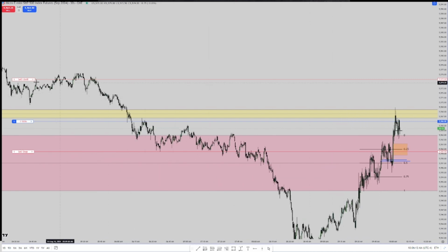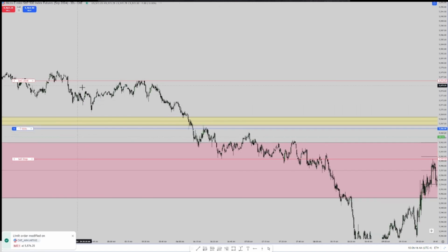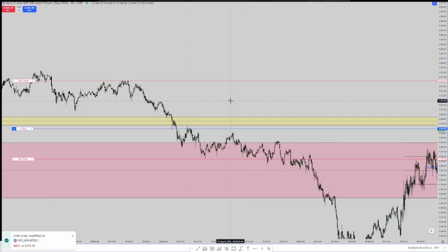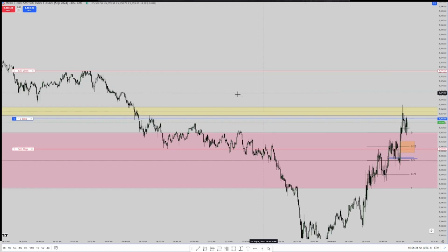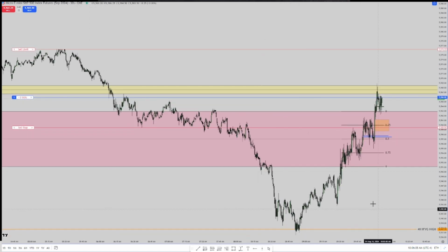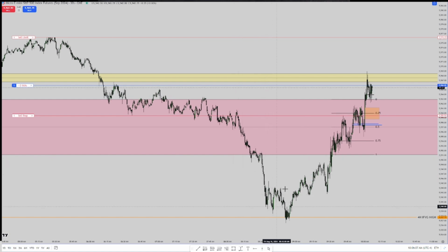We have these levels up here. This is what I'm really aiming for, these relative equal highs. You want to look for areas where the market is smooth and where it's jagged. So the market's smooth, you can see right there how there's kind of a smoothness to this level, whereas down here it's very jagged.